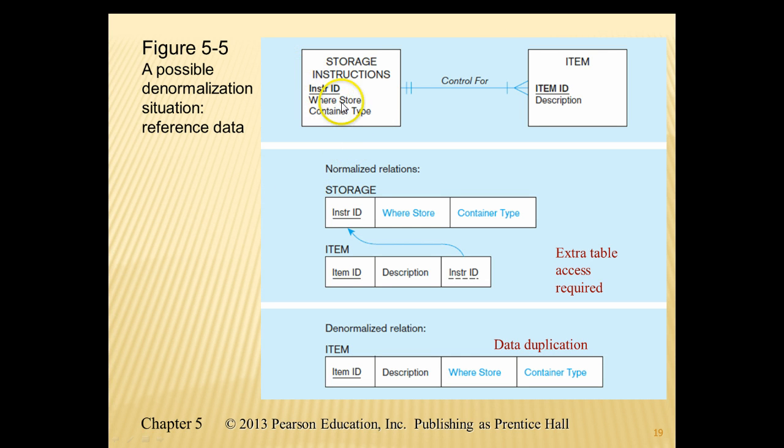And finally, on the reference data denormalization, we have two entities that have a one-to-many relationship, and the storage ID is the primary key for storage, which is the foreign key under item. So we can take both of those together and combine them into one new relation that has the item ID and description, and the where, store, and container type.